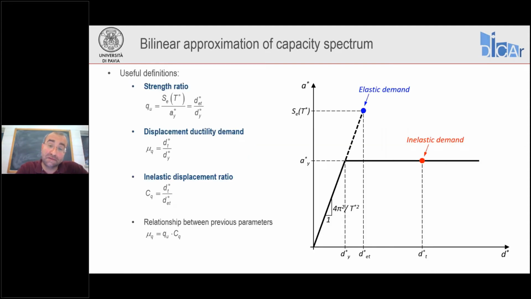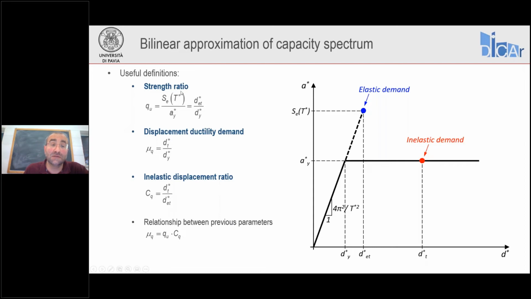At this point, once we have our bilinear relationship, we can define a few parameters that are very important for understanding what happens to the displacement demand on our structure. The first parameter is the strength ratio Q sub U. This is nothing but the ratio between the elastic spectral acceleration demand SE as a function of T star, the period associated with the elastic slope of the bilinear relationship, and the yield strength of our bilinear relationship.